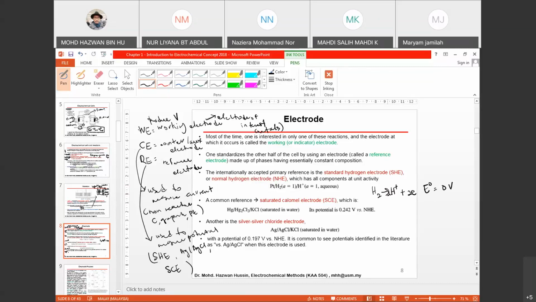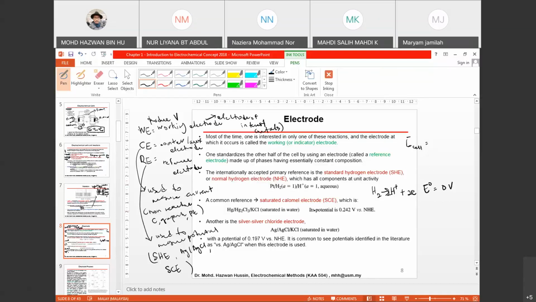So this can be used as an indicator, because at the end, if you want to calculate E cell, remember, you must calculate cathode minus anode or whatsoever, then you see the difference. If it is subtracted with 0, then you will have a value. If it is subtracted with another value, then it will be more tricky.